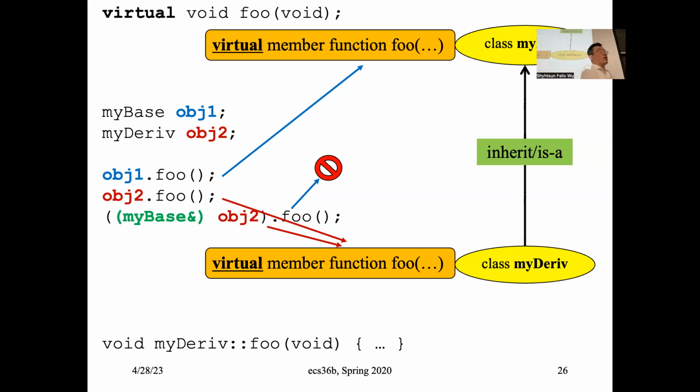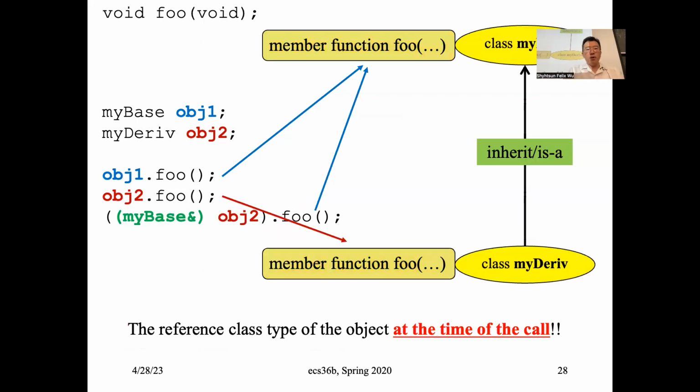If it's created as an Internet of Things object, then I'm going to call the virtual function associated with it. So for a regular function foo, what I call depends on the reference class type of the object at the time of the call.